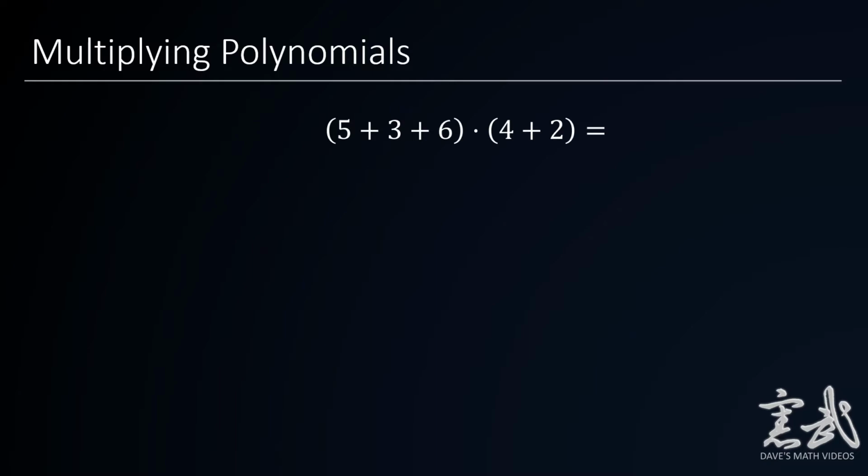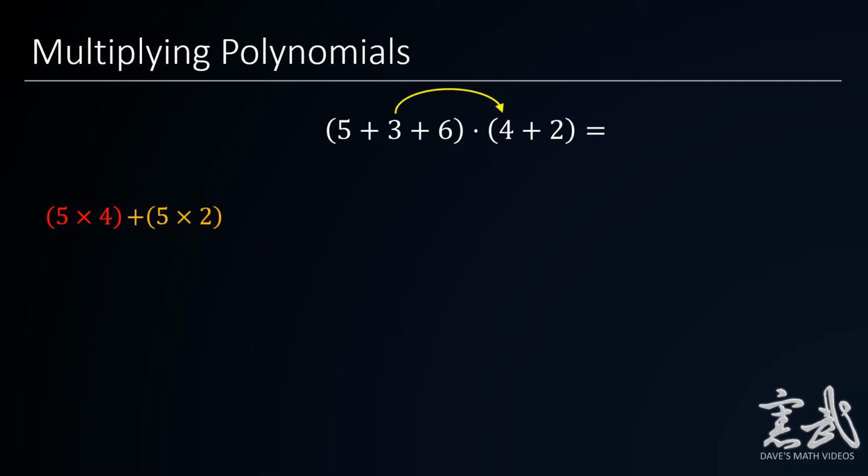So what did we do in order to expand this expression? Well, we multiplied the first number in the first factor by the first number in the second factor, 5 times 4, and then we multiplied 5 times 2. So we multiplied the first number in the first factor by the second number in the second factor.